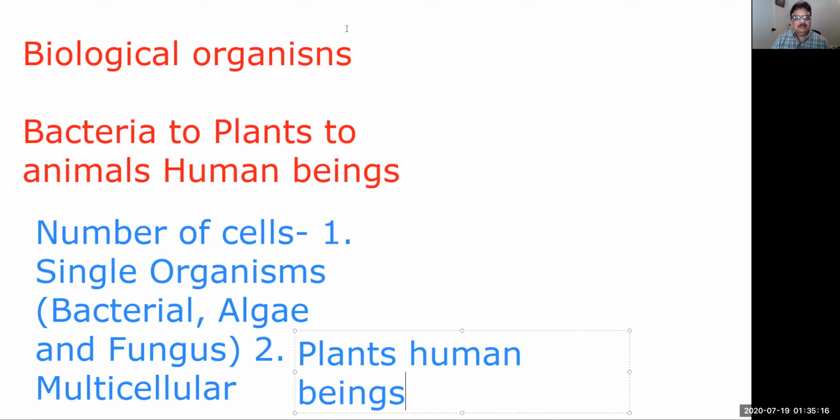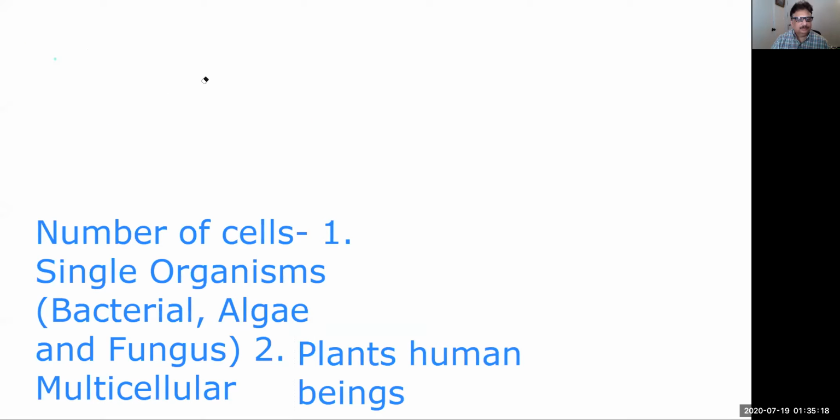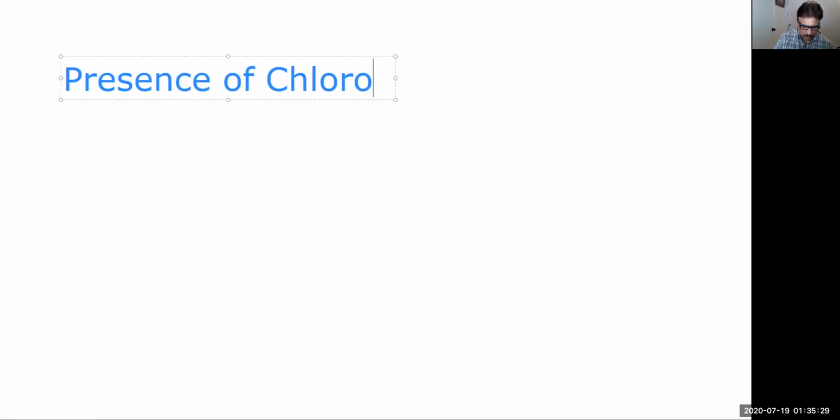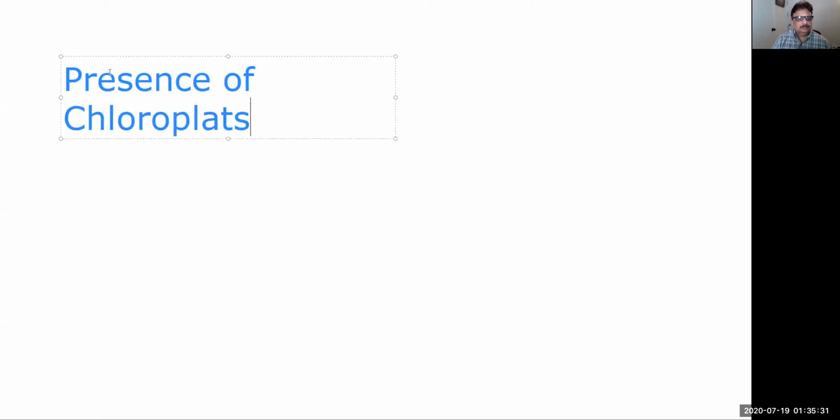The second way we can organize is through, let's say, presence of chloroplasts. If chloroplast is present, then these are plants.